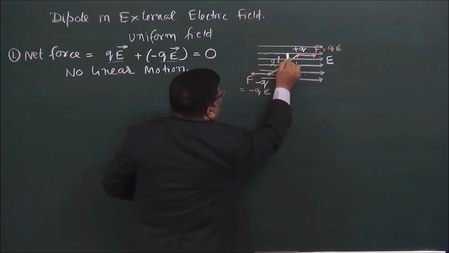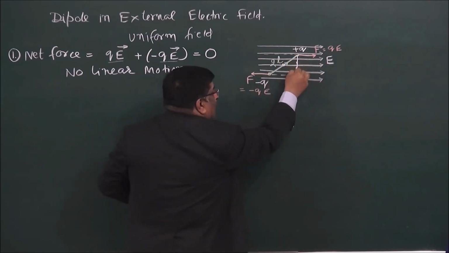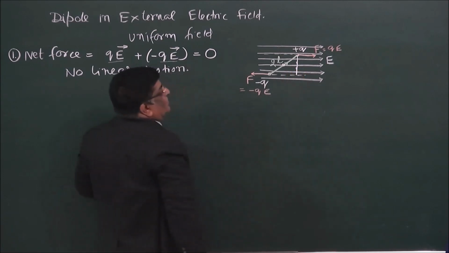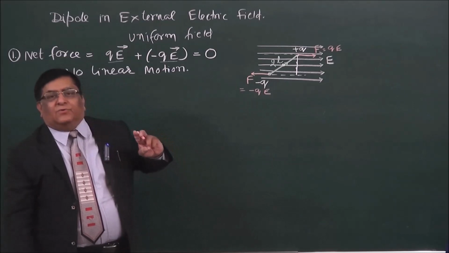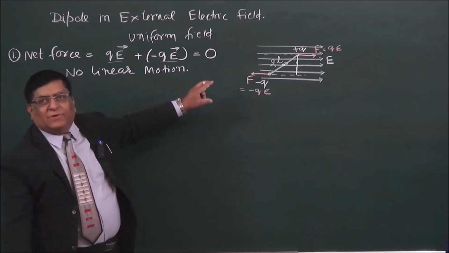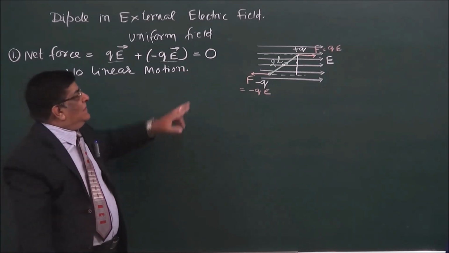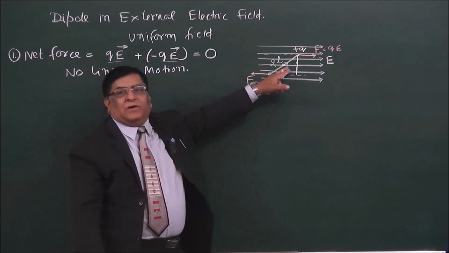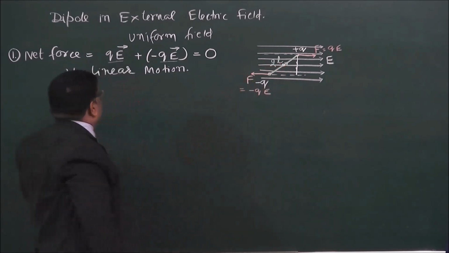This is the direction of this force, this is the direction of that force, and this is the perpendicular distance between the two. These are the conditions required to make a couple of forces, and this couple is able to apply a torque. That means there will be a torque applicable on the dipole. Now let us write this.